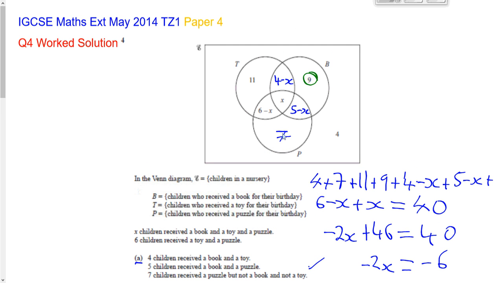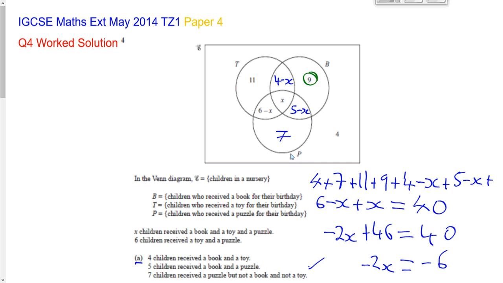It doesn't matter which one they got. They could have been part of this 9 here. We found from the question before that there were 15 kids that received a book, and now we add the kids that also received a puzzle.